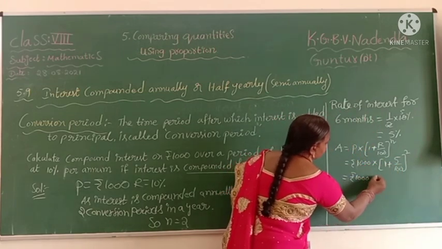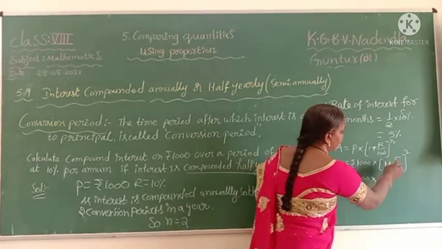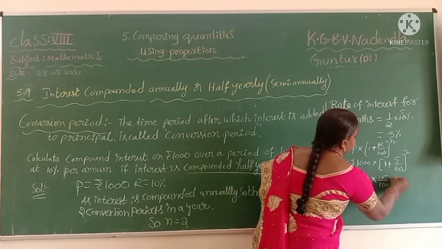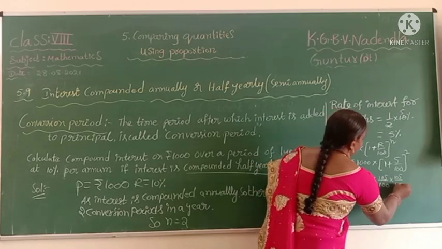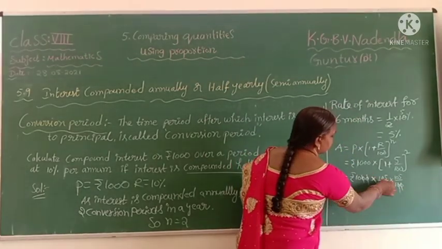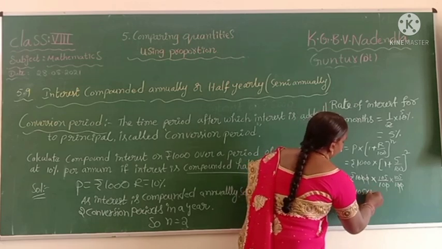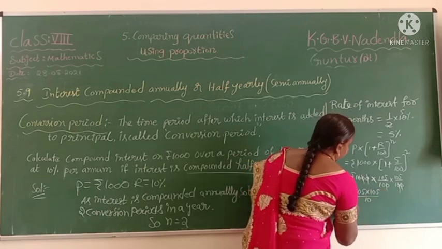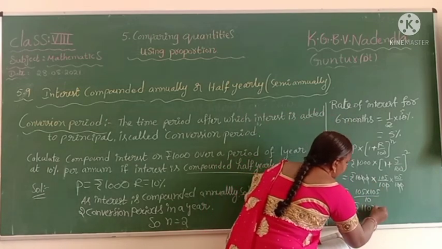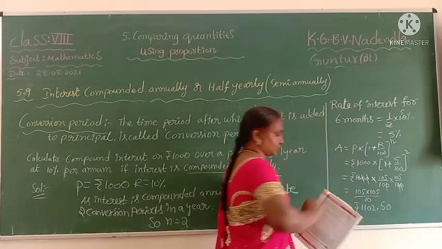That implies 1000 rupees into 105 by 100 into 105 by 100. Zeros cancel. Then we get 105 into 105 by 10. Then we get 1102 rupees 50 paise as amount.